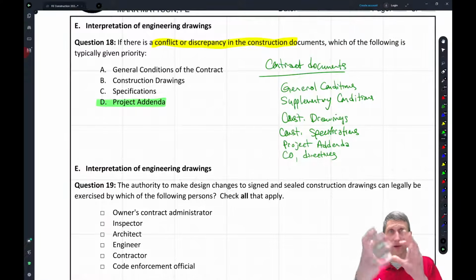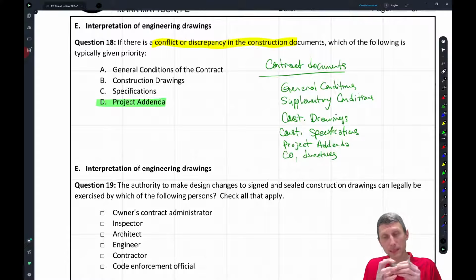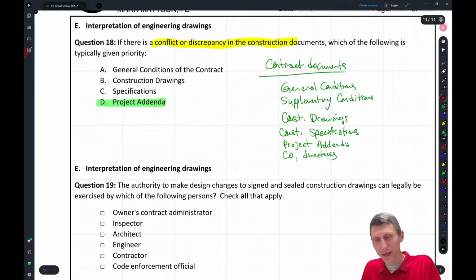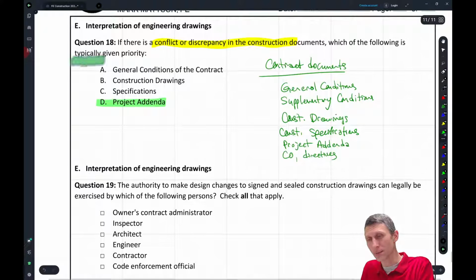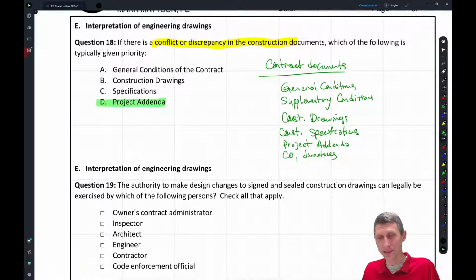They're coming after everything's been done and put together, but typically that's going to be the one that controls. The general conditions, hopefully they have an order of precedence and specifically spell it out. And this is where different contracts can have different orders of precedence, but hopefully if it gets spelled out, the project addenda will most likely be given the priority. So that's the typical case, and that's where sometimes the wording in here isn't perfect, because some of these concept questions do vary between agencies.